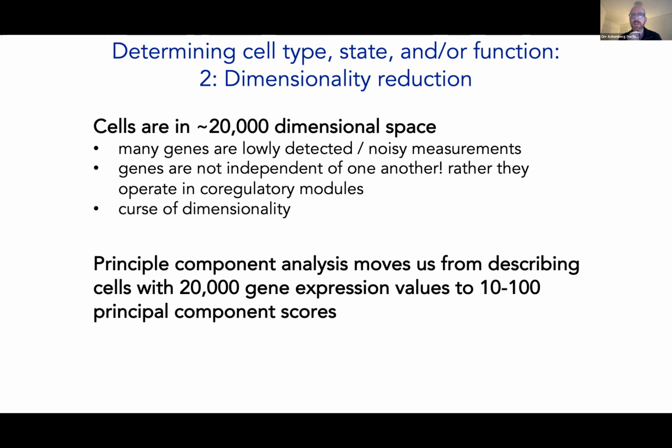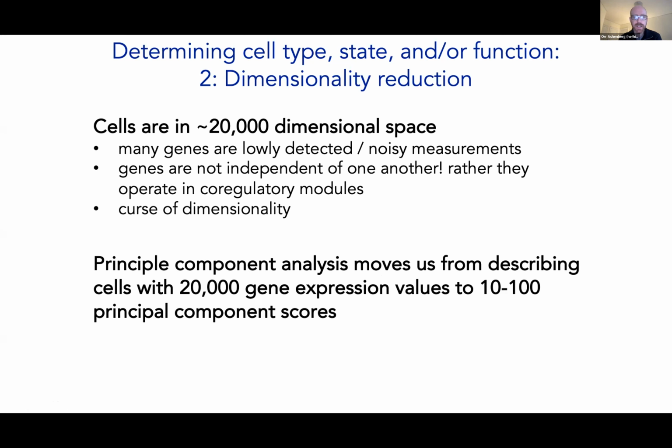So a way to figure this out is to use something called principal component analysis, and this will allow us to discover the gene groupings. With principal component analysis, we go from just our 20,000 genes or our 2,000 variable genes, and we can reduce further to looking at 10 to 100 principal component scores.